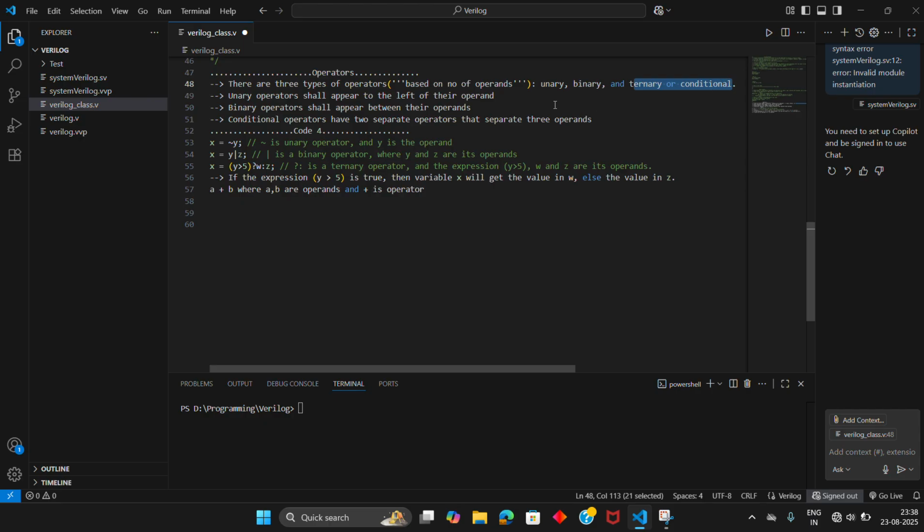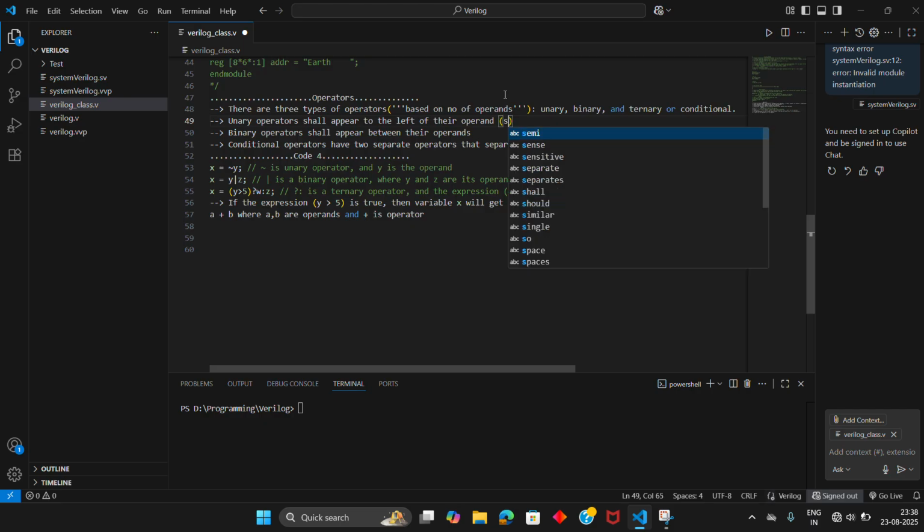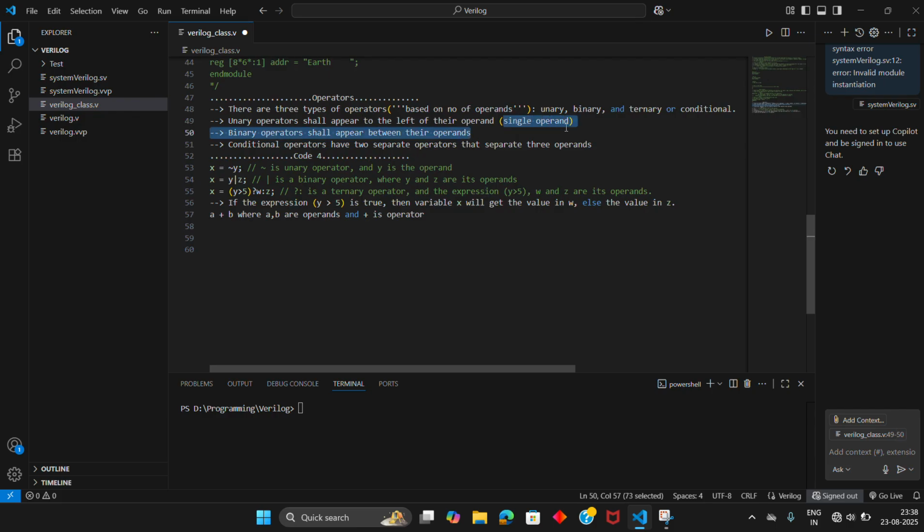Unary operators appear to the left of their operand. Unary means single, so there will be only a single operand, and the unary operator will be to the left of this single operand.